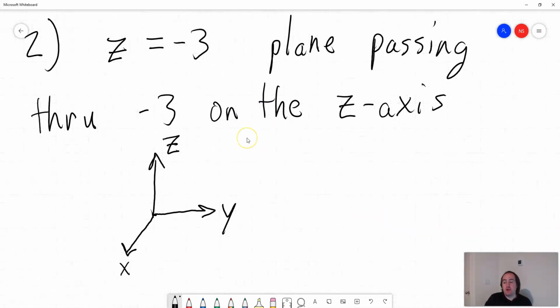Okay, and this plane is actually going to be parallel to the xy plane. So if I go down here to z equals -3, then I'm going to sketch a plane that passes through -3 down here.